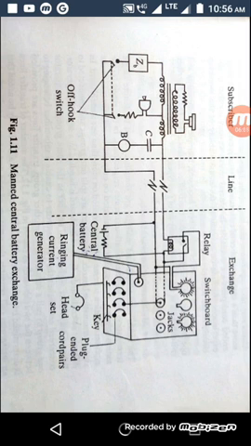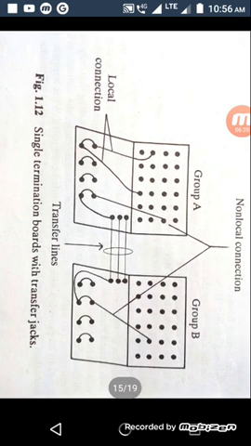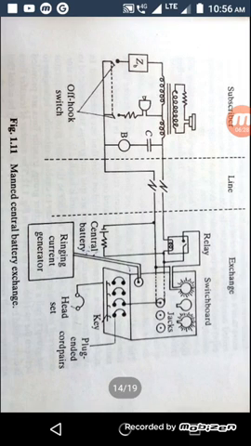When we look internally at the track systems of this diagram, we can see the related diagram of single termination boards with the transfer jacks. Here we are seeing only the physical body of the jacks.